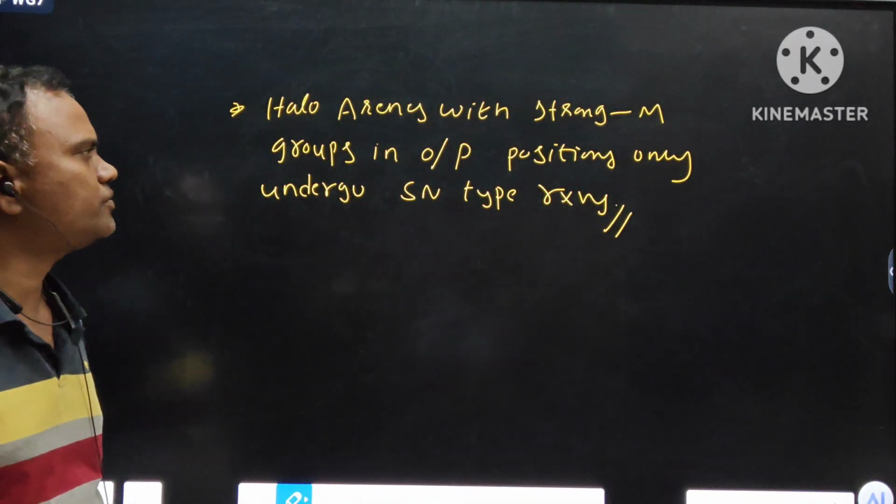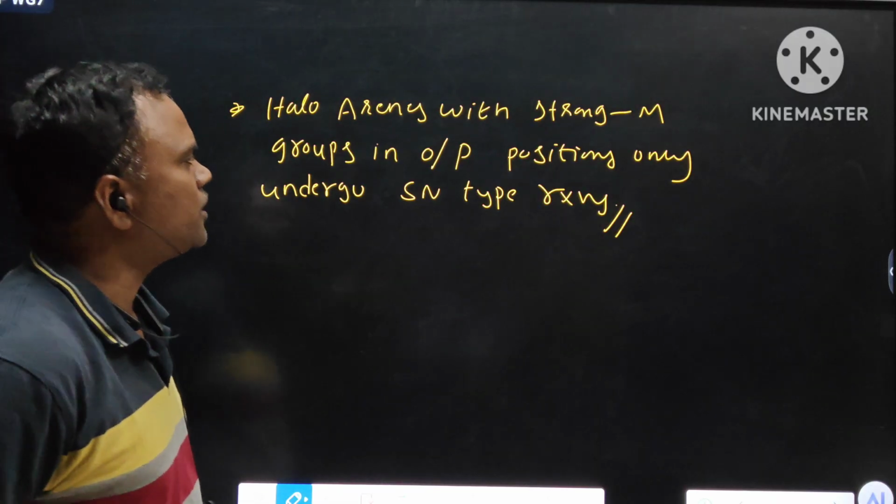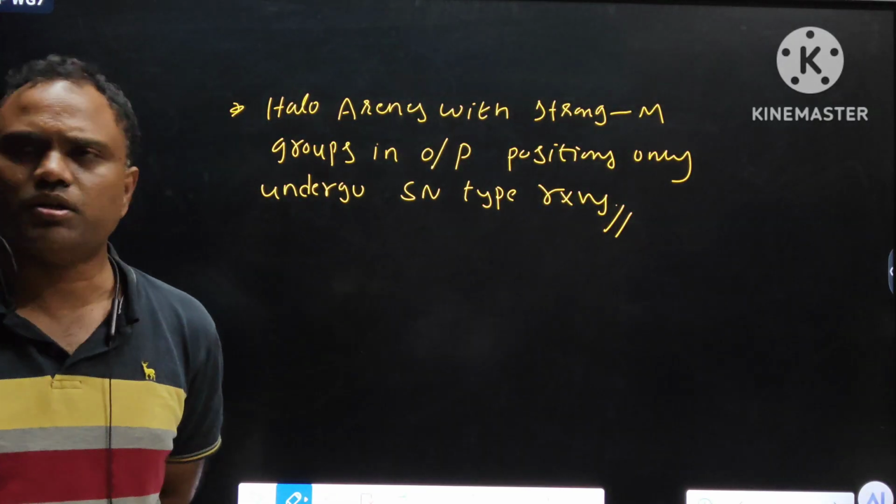Okay, haloarenes with strong minus M groups in ortho and para positions only undergo SN type reactions.